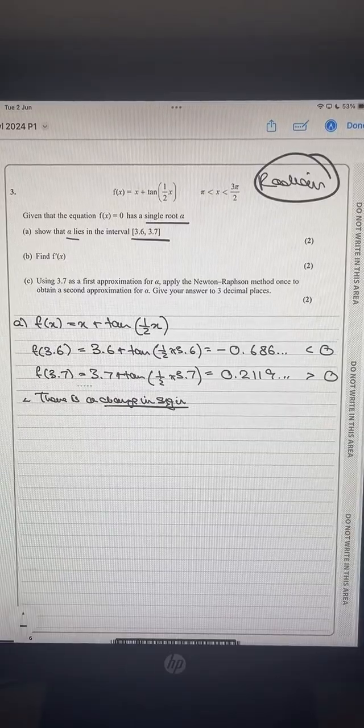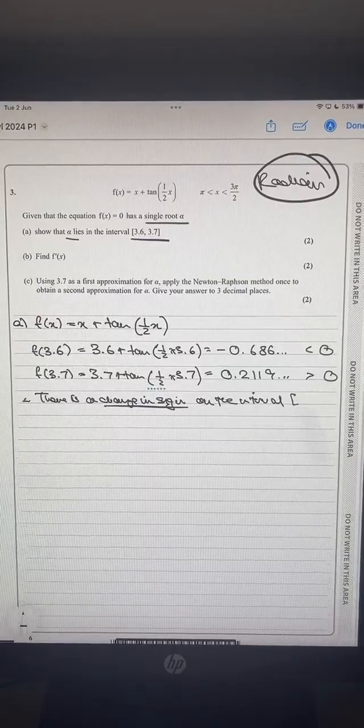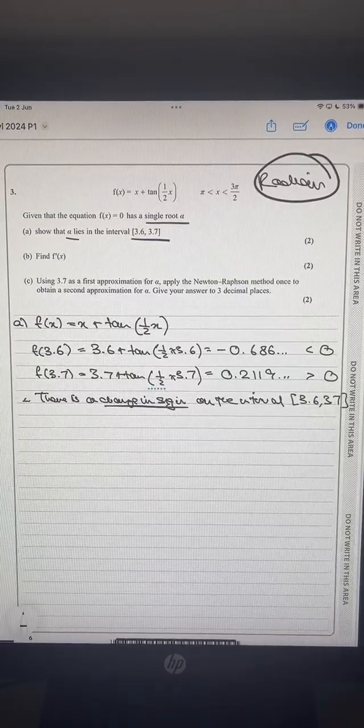That's my first part of the explanation, on the interval 3.6 to 3.7.